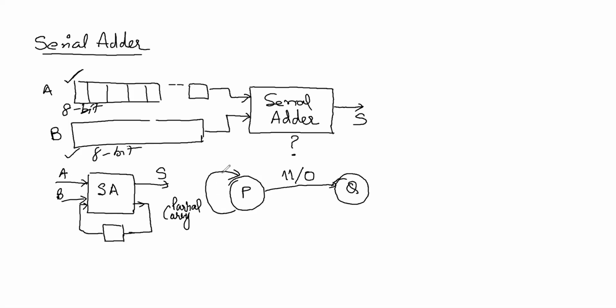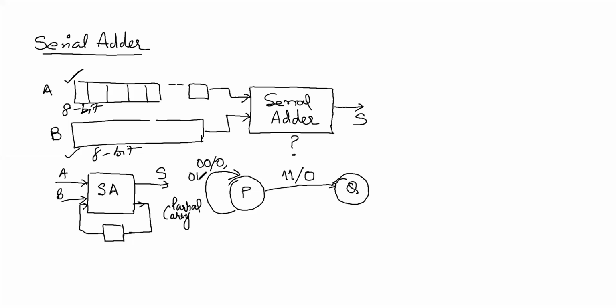Now all other combinations will give me a carry out equal to 0, which is partial carry, which we are generating from every bit. So on this transition, if I have input 0, 0, both A and B are 0, my sum is also 0.